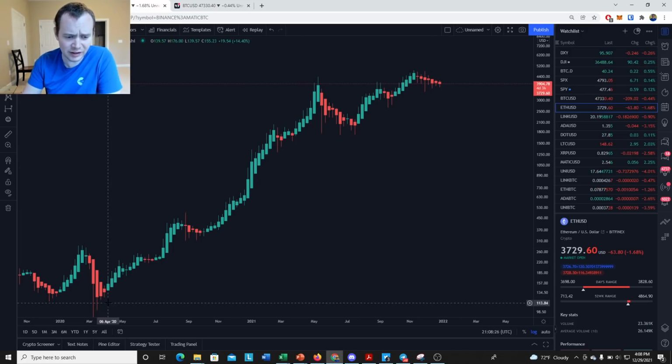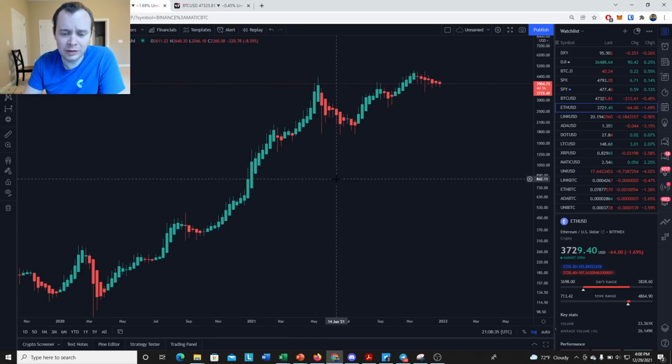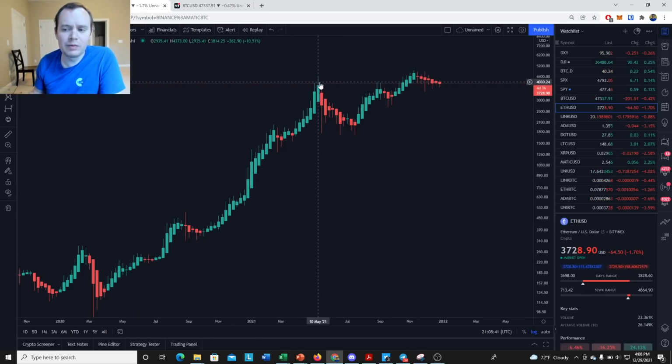I mean, if you look at this, going all the way back to March of 2020, most of these were green, and we just kept moving up with a few which actually turned red. But the general trend was just up for so long, and that was why we said to expect a summer dump, right? A summer lull, a 3 to 6 month lull in the market.